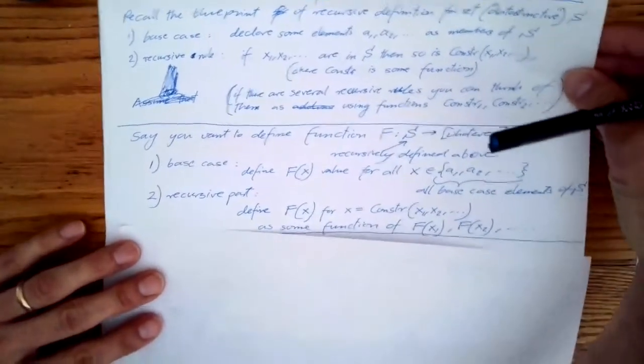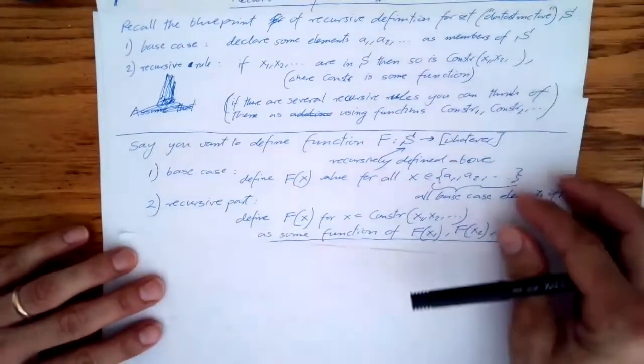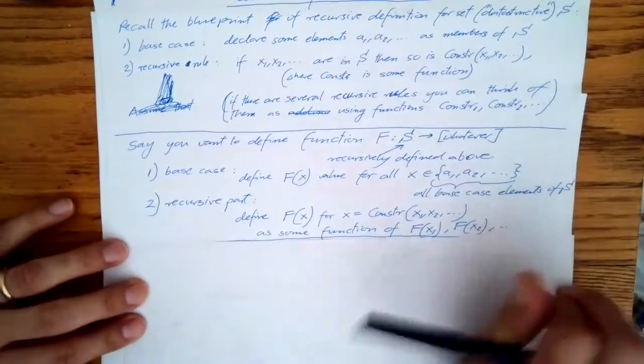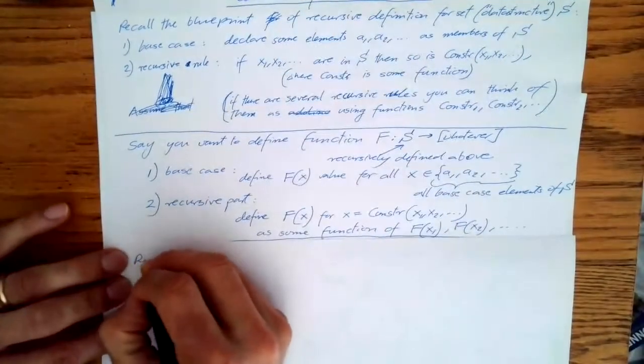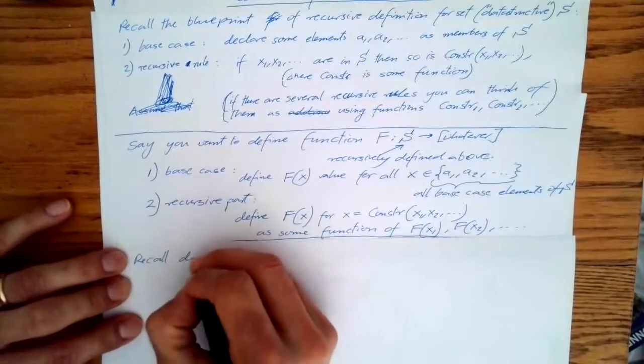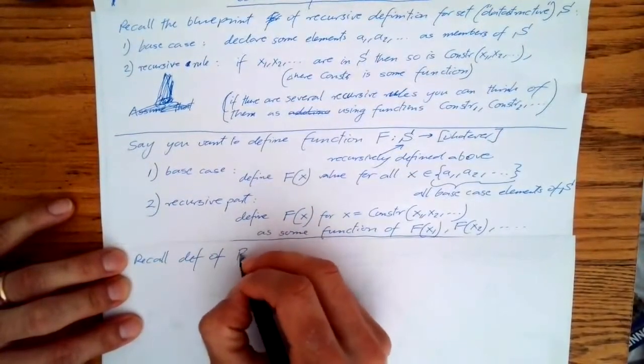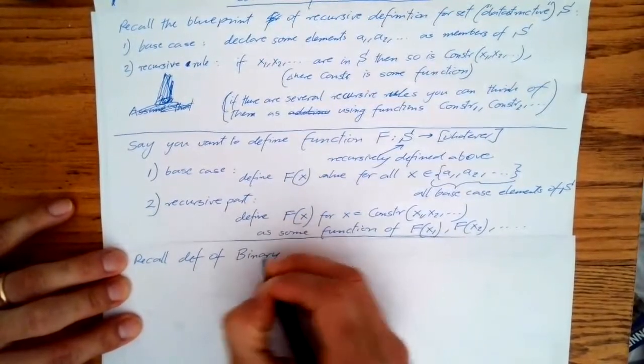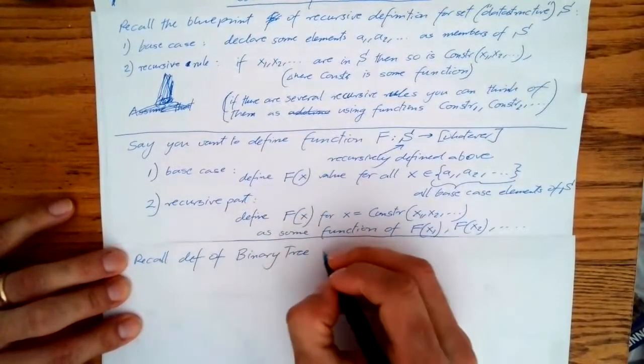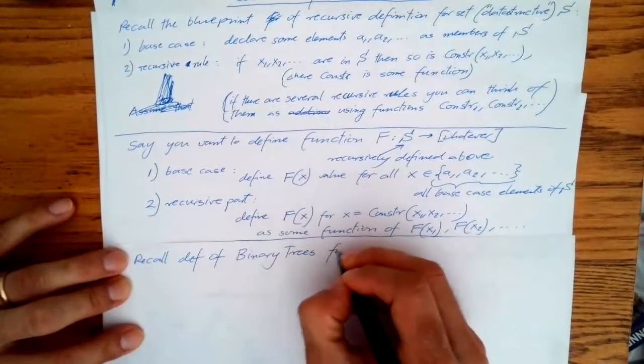So here is our blueprint, and now recall a definition of what was it called? Just binary trees, I call them, from last lecture.